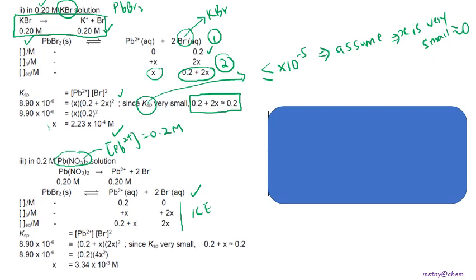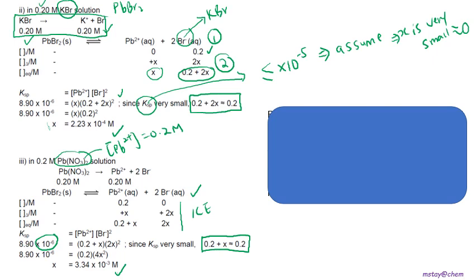Substitute in again, because the Ksp value is still exponent negative 6, so it is very small. So we make 0.2 plus x approximately equal to 0.2. And then the molar solubility of lead 2 bromide in lead 2 nitrate is 3.34 exponent negative 3 molar.